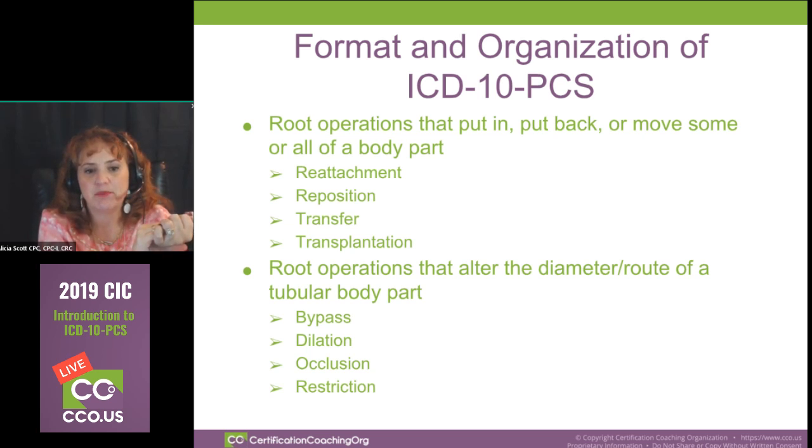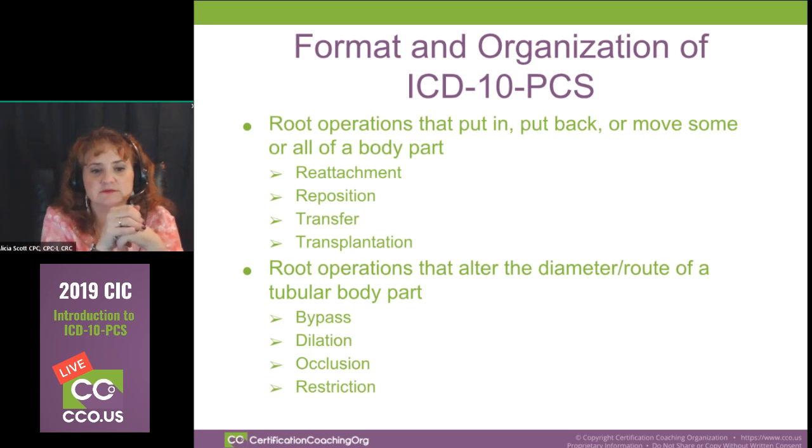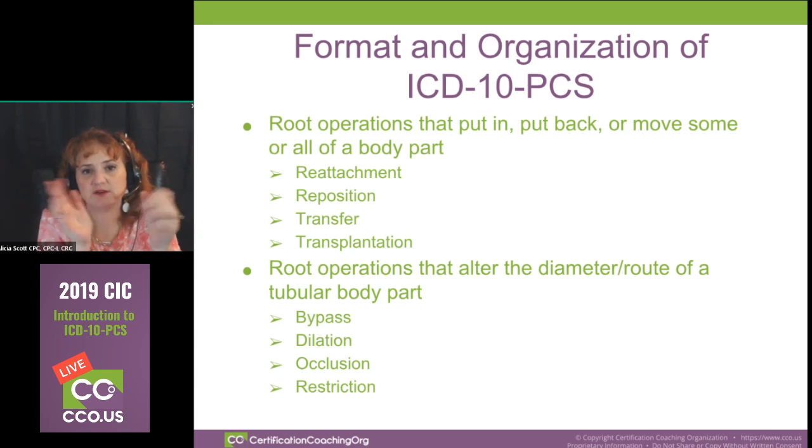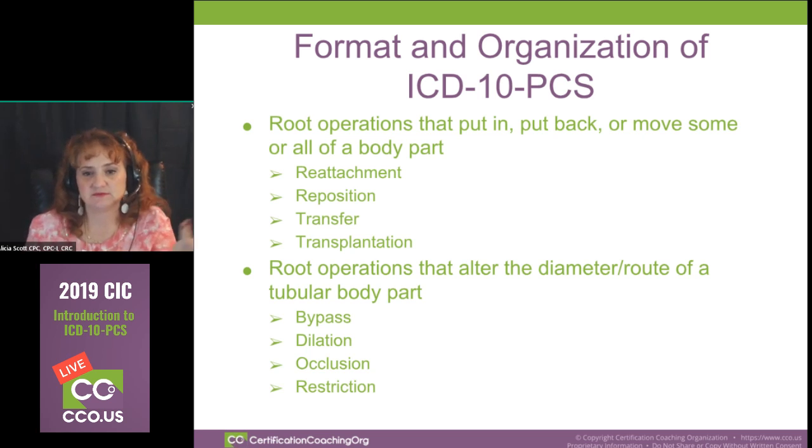So we're bypassing it. What if you are clenching down the stomach and you put the gastric ring on there? Are we restricting it? Right. If we're completely occluding a vessel, that's an occlusion. If we're opening up or dilating a vessel, like in a cardiac cath where they dilate those vessels to let the blood through, that's dilation. If you bypass vessels in the heart, it's a bypass.